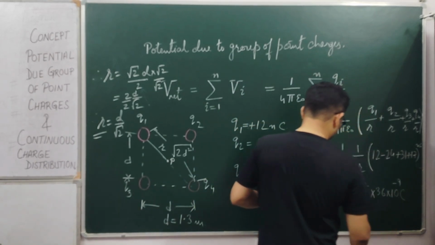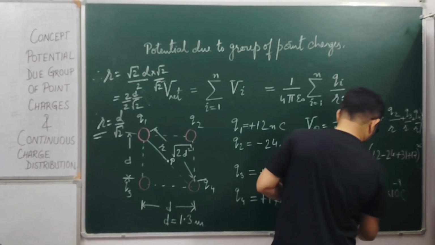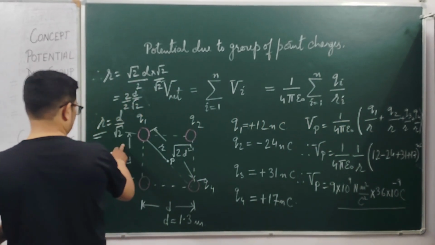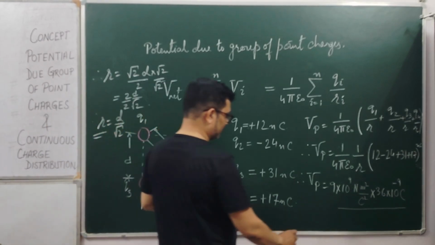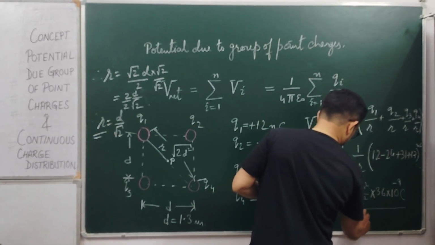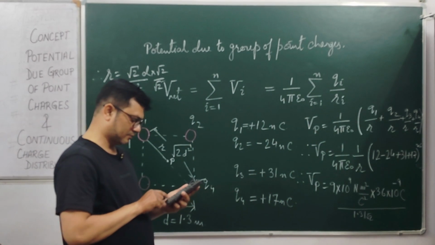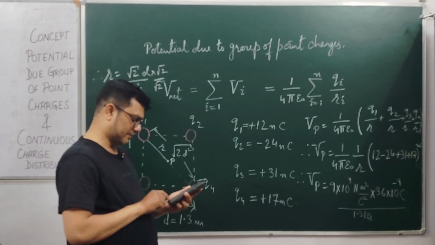And then in the denominator we'll have R as well. Now R is d by root 2, and d is 1.3. So this is 1.3 divided by root 2.